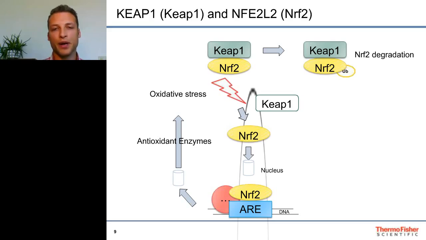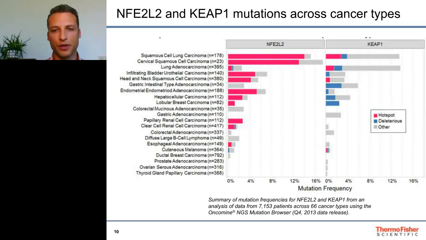And what happens is NRF2 translocates naturally to the nucleus, where it starts transcribing many genes, including antioxidants, enzymes that alleviate the stress on the cell. So it essentially allows cells to survive stressful conditions. So this is the biology of the NRF2 or NFE2L2 gene that we saw pop up as one of these interesting potential driver genes.